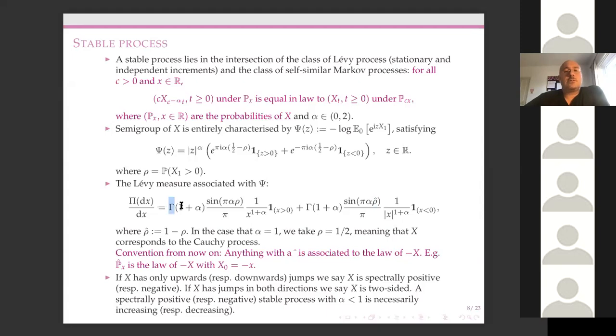So here we've got a rate at which we're seeing positive jumps of size x. So when x is teeny tiny, we're getting an arbitrarily large rate of arrival. And this is the rate at which we see jumps which are negative and of size x. So sorry, it's proportional to 1 over mod x to the 1 plus alpha, and this is the constant here. So rho is the coefficient which kind of deals with the symmetry going on here.